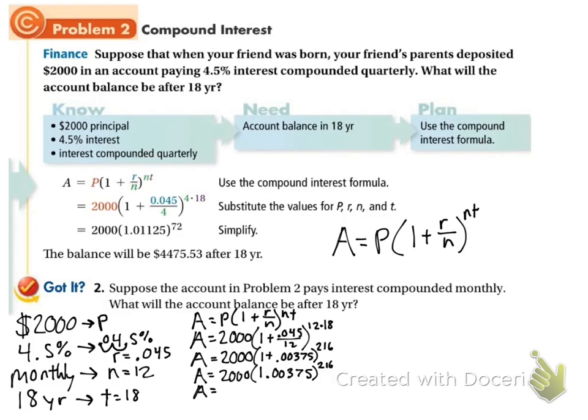So 1.00375 to the 216th gives us, well, we've got our 2,000 up front, times 2.245. And then 2.245 times 2,000 gives us $4,490.